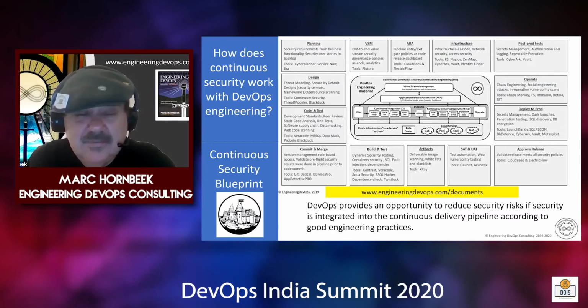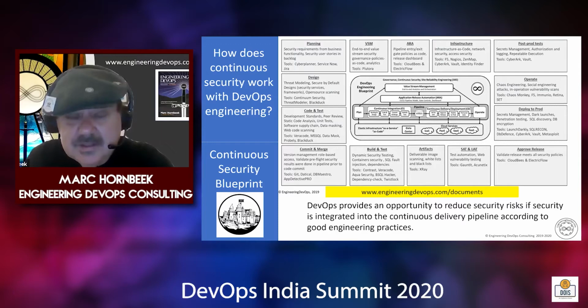All of these things you need to consider in your strategy. Your strategy needs to consider security aspects of all of these things. This blueprint just gives you a one-page reminder, if you like, of what to think about. Maybe some of these things are not so important for your particular application, and some of them are more important. But in a nutshell, these are things that you should consider for continuous security.